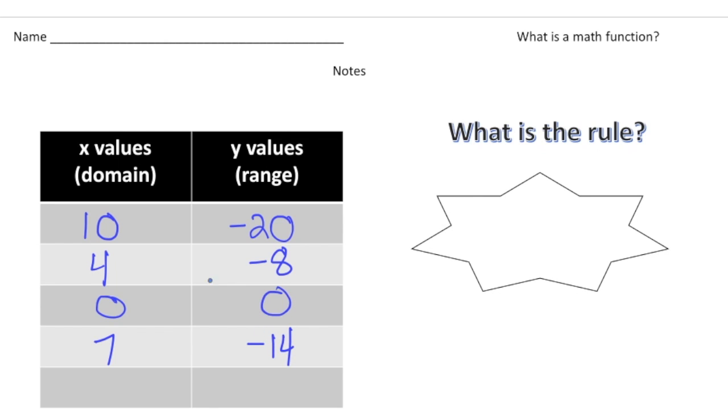Based on these input-output values, can you figure out the rule? What's happening to the x values, or the domain values, to have it become the range?